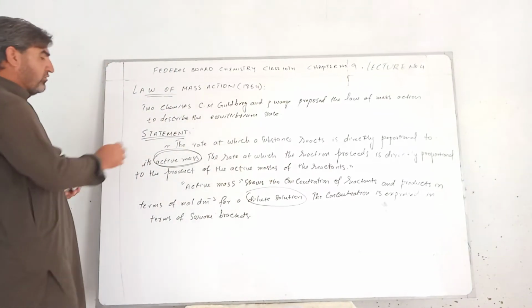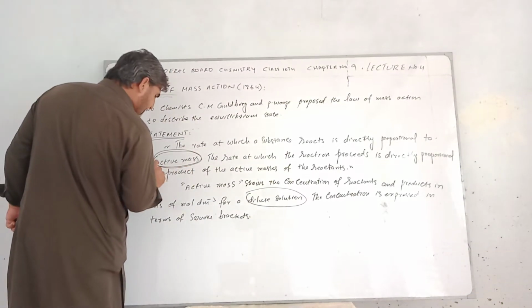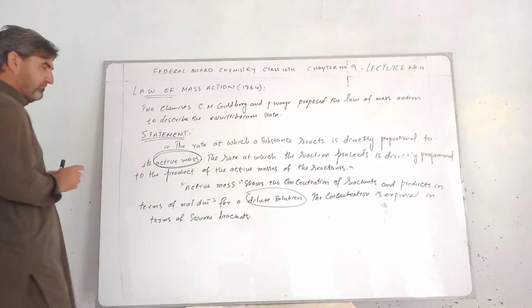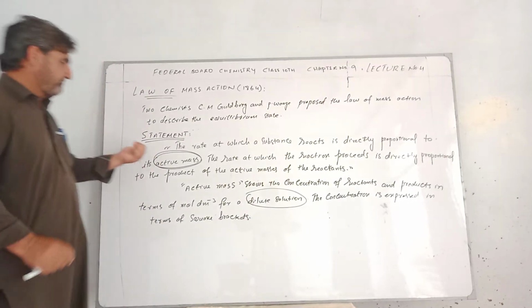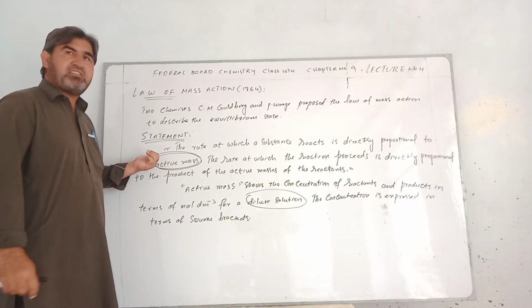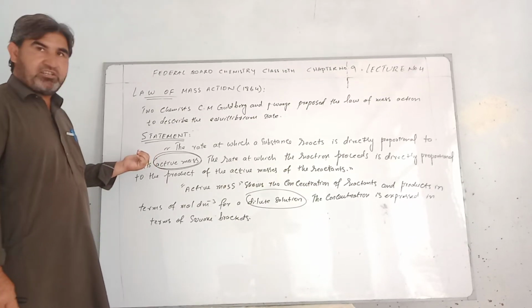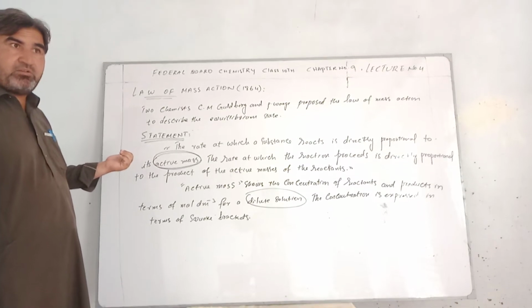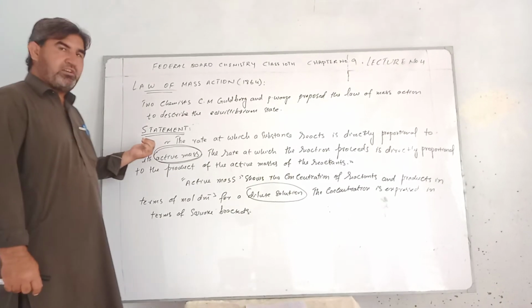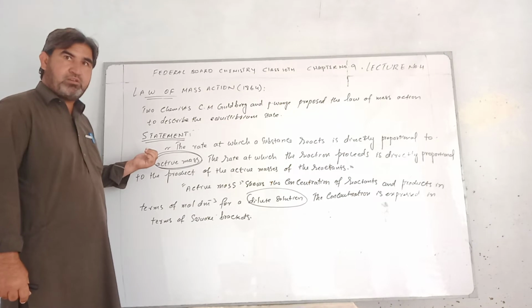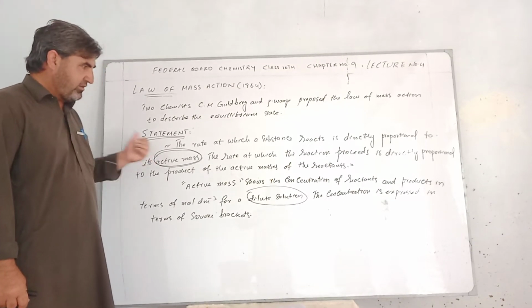Now we are going to explain what the active mass is. Active masses are taken in terms of concentration in mole per decimeter cube.